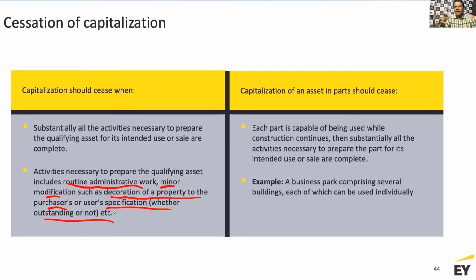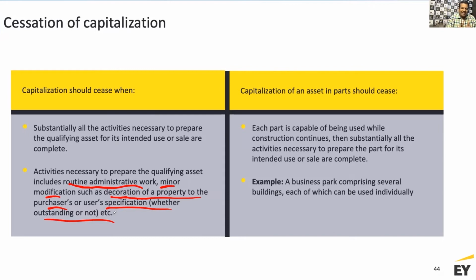Then again, it goes back to the question of what the unit of account is that you are looking at. If these individual components can be considered as separate units of account, then as each unit of account gets completed, you're going to stop capitalization of interest with reference to that unit of account.